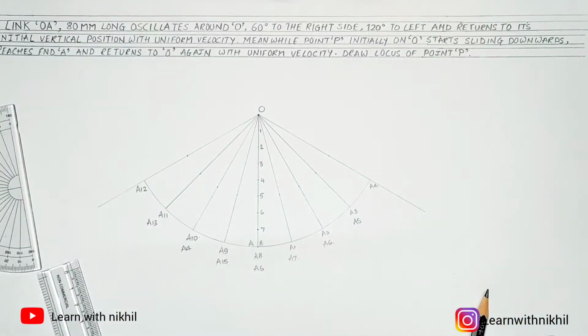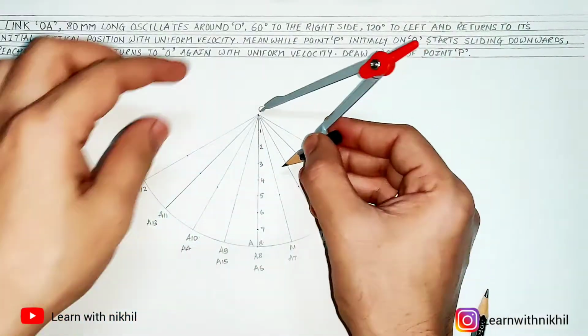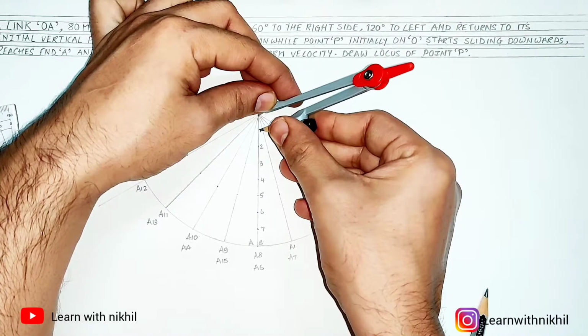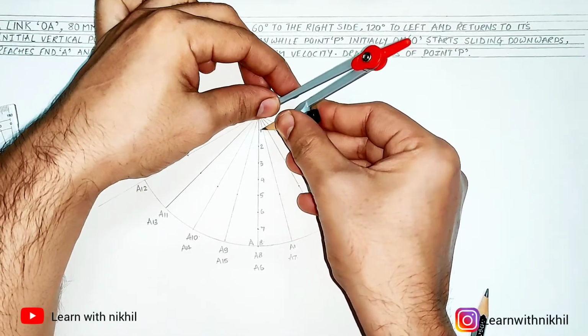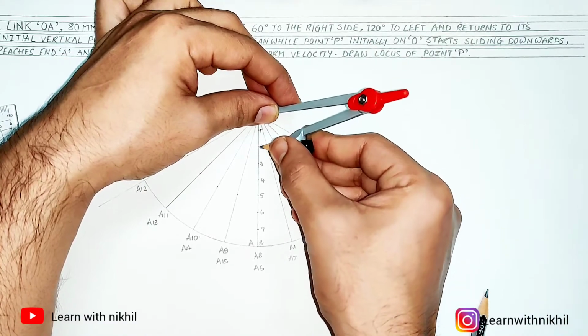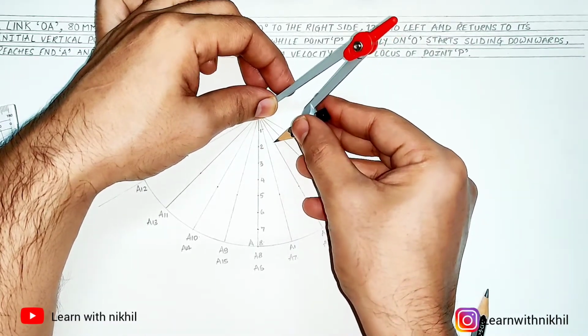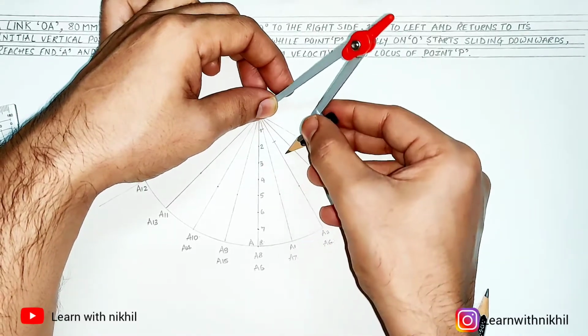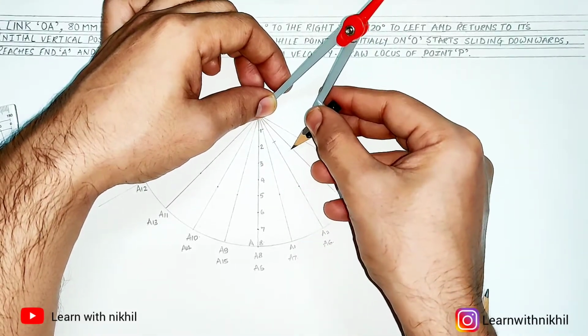Now taking the compass, taking the distance as O to 1, I'll cut on the first line, that is A1. O to 2, cut it on the A2 line. O to 3, cut it on the A3 line.